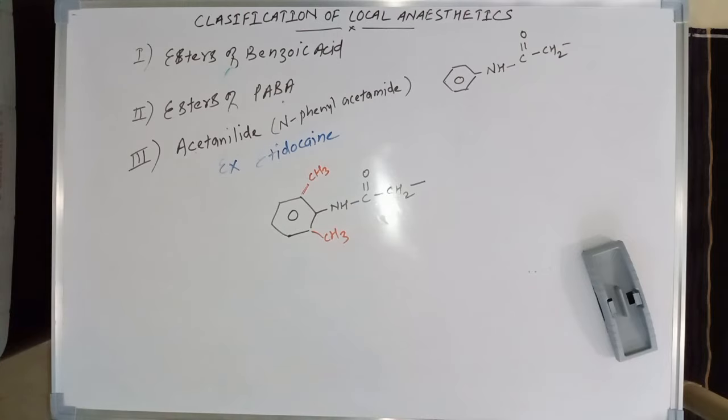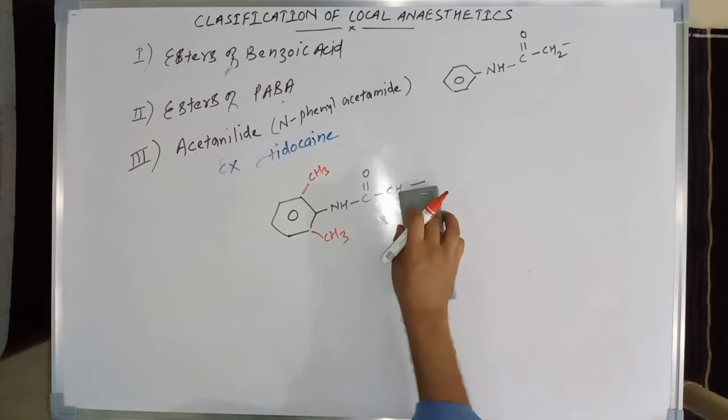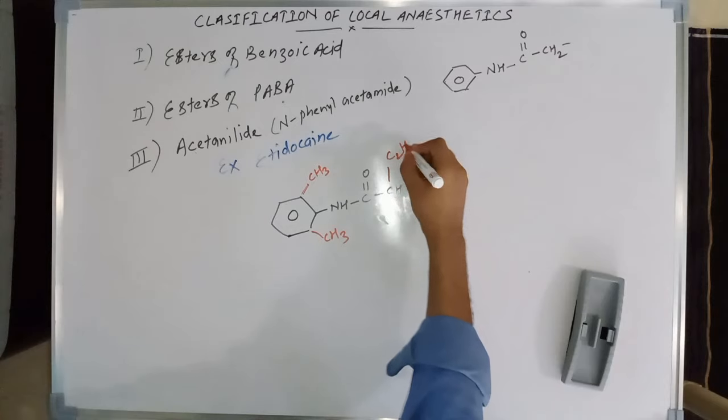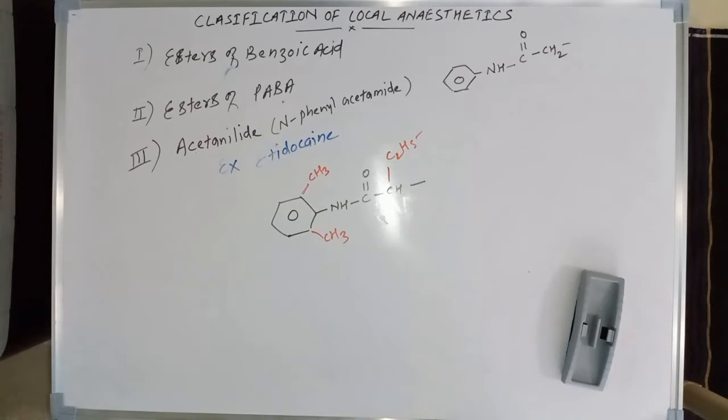Then there is another chain. In this carbon, one hydrogen is replaced by a C2H5 ethyl group, and again here are the changes.